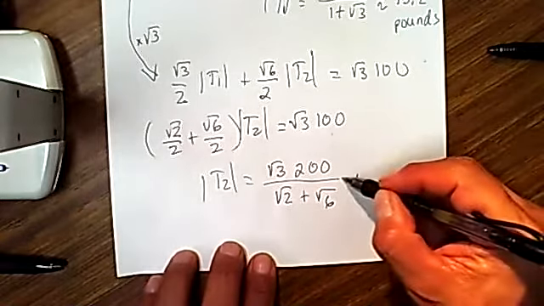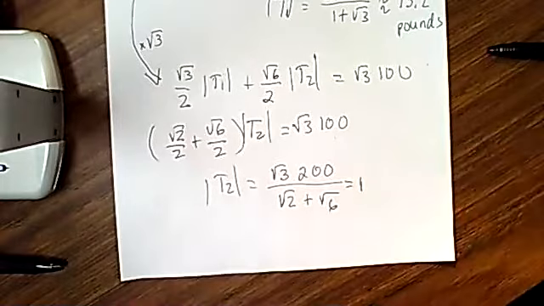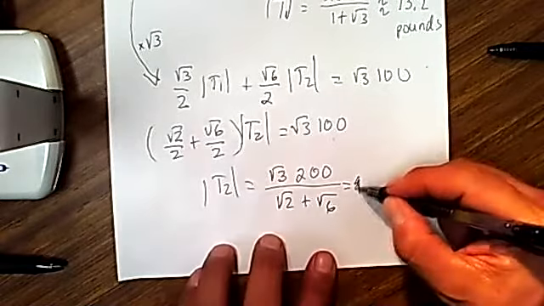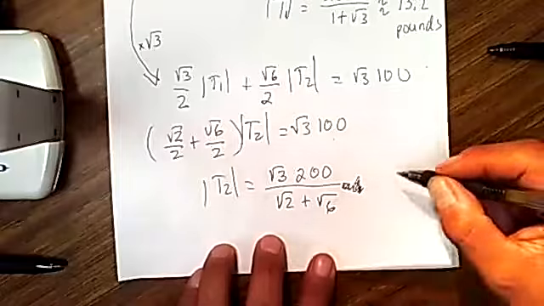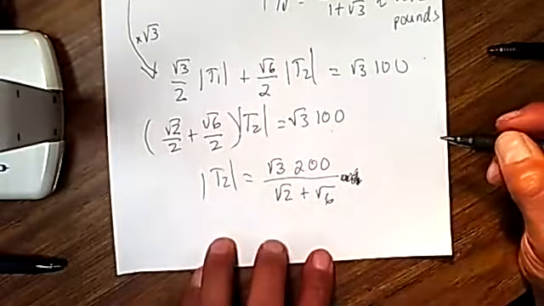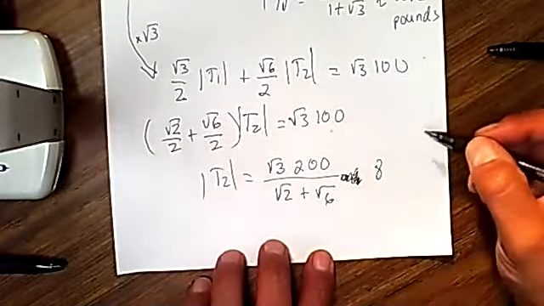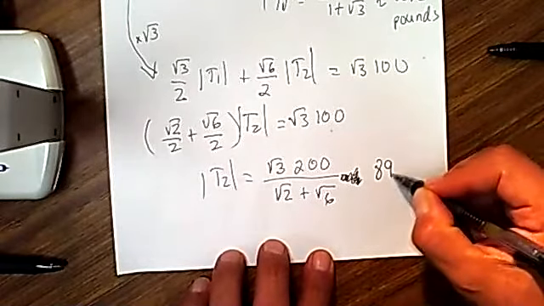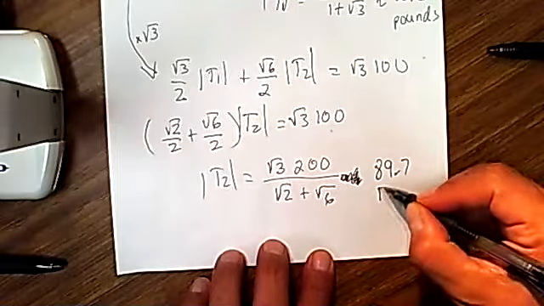Before I put down the pounds, let me figure out how much that is on a calculator. I made the numbers earlier. It is about 89.7 pounds. So let's not put the equal, sorry to show you this scratch. 89.7 pounds.